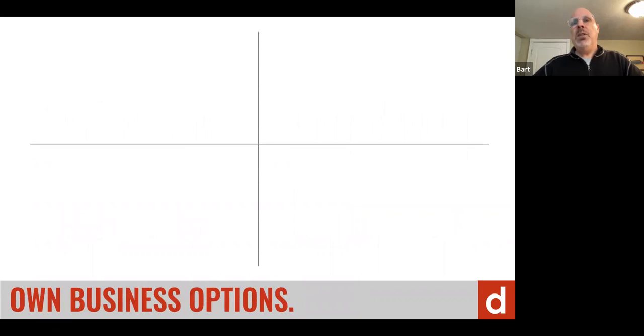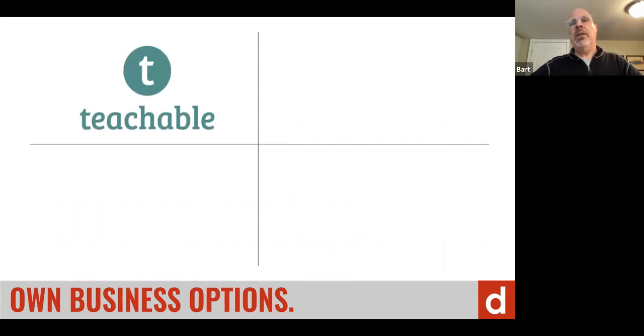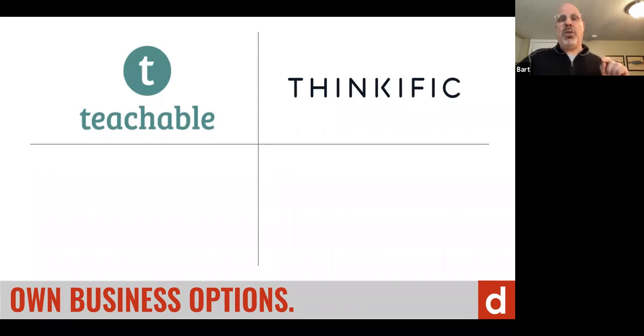Now, in terms of owning your own business, there are a few options. If you want to make videos that teach people how to do stuff, that usually means getting a platform like Teachable or Thinkific. Those are the two most common ones. You pay a bunch of money. Thinkific has a free version, but if you're actually trying to make a living doing it, it's $1,000 a year.